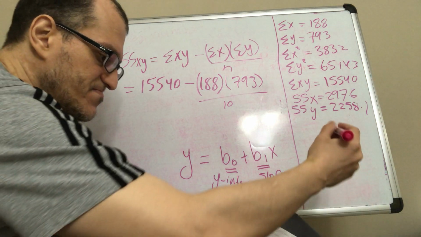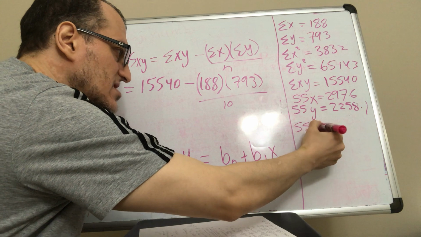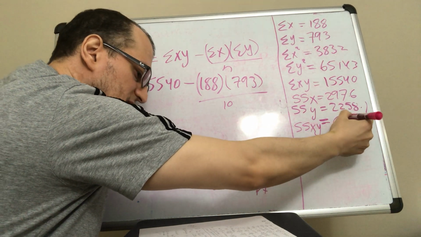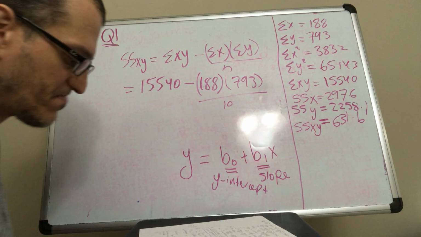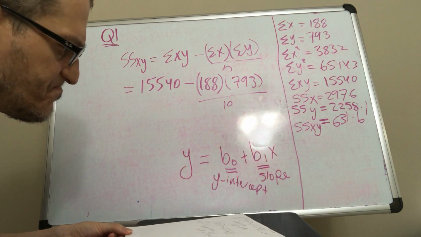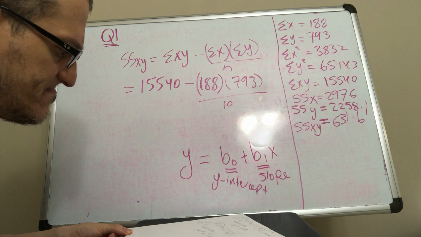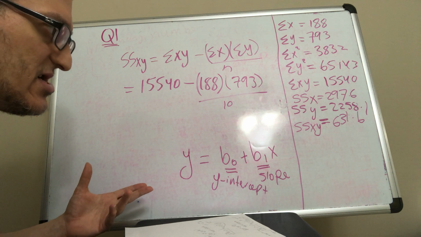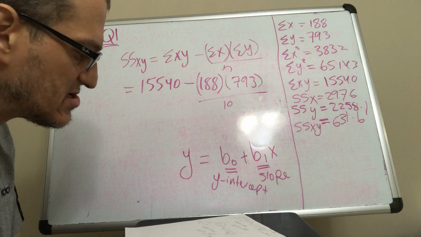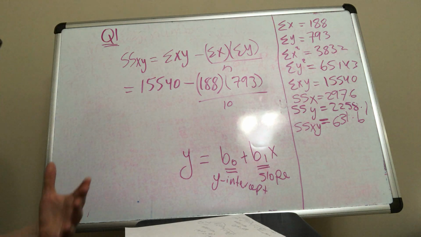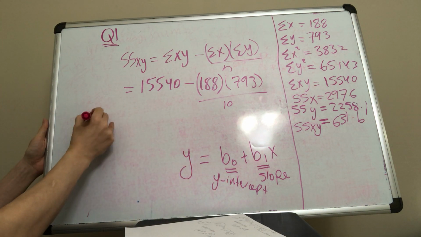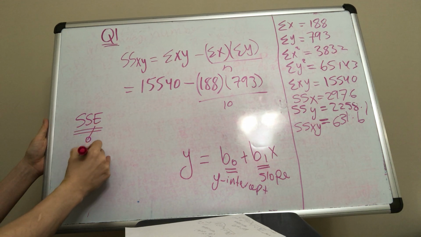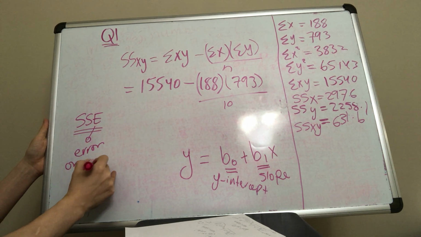You do this, and your SSXY would be 631.6. Now, this is how you find all the SS's. There's also one more SS that's usually good to find. It's the SSE. E stands for error or residual.